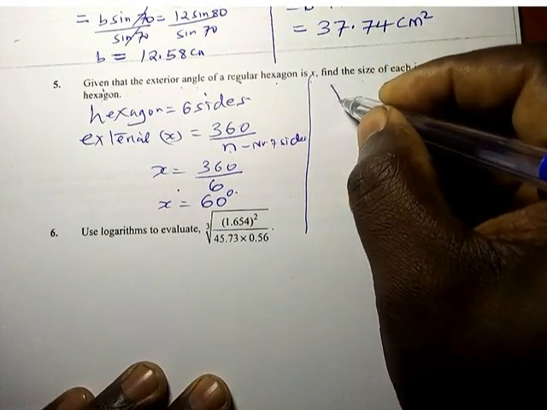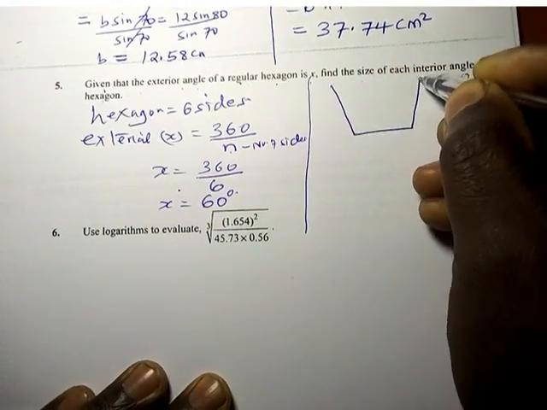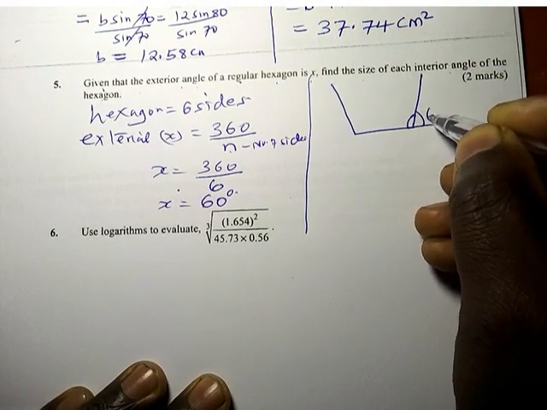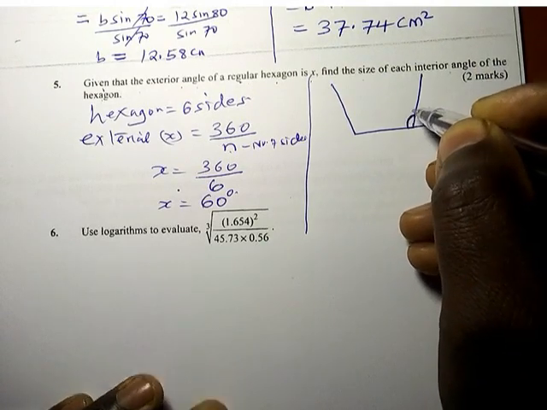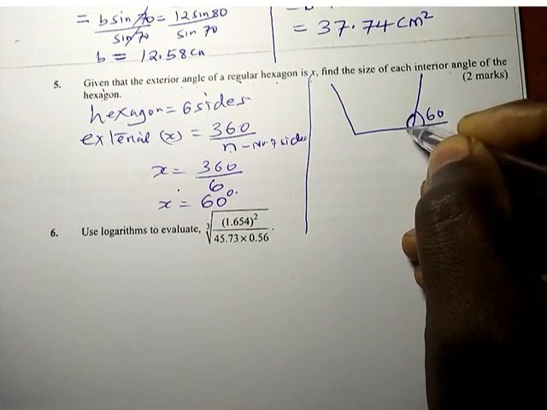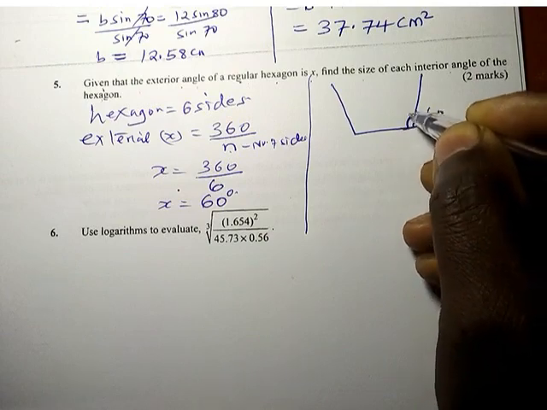In a polygon, it is something that looks like this. This is the exterior angle, which is 60. This one is the interior angle. The interior and exterior angles form a straight line, so they add up to 180.